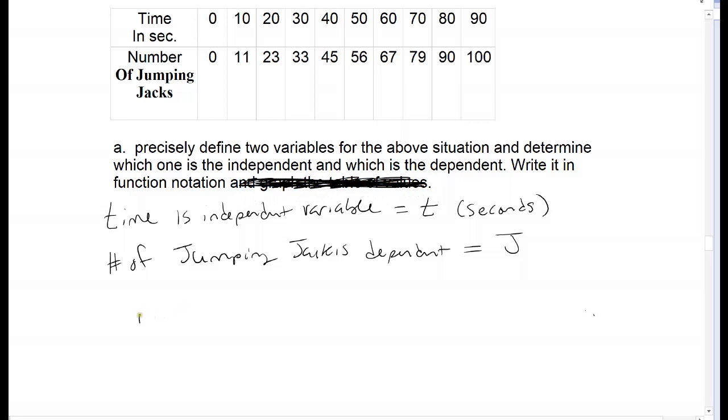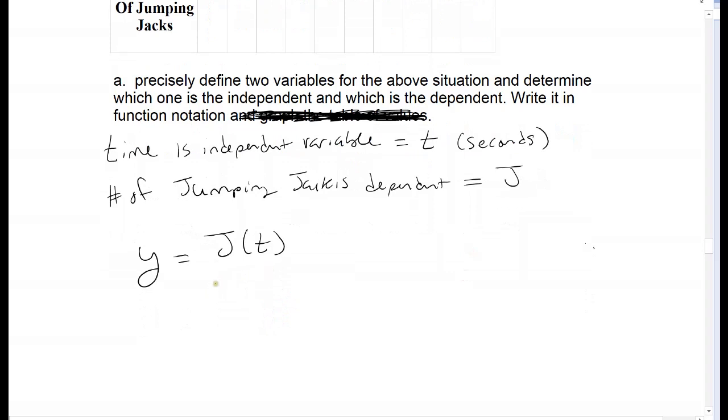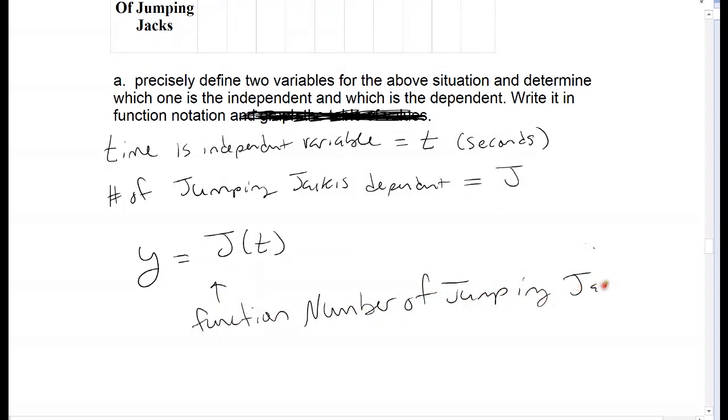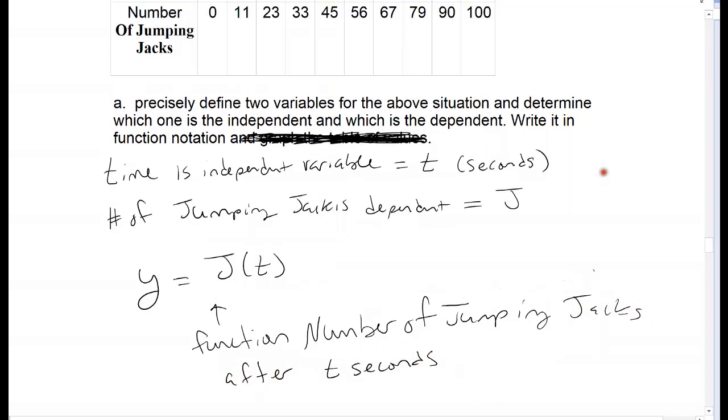So my function notation, I'm going to let my function be J of t, where that function represents the number of jumping jacks after t seconds. That's what the function represents, the number of jumping jacks given a time input.